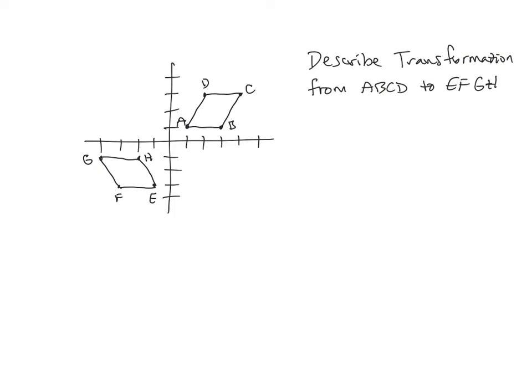Okay, and so what I notice is if I reflect it this way, the A is 1 to the right, so go 1 to the left, and then 1, 2, 3 for the B, 1, 2, 3 for a new B. C is 4 to the right, so go 4 to the left, and D is 2, and I go 2.